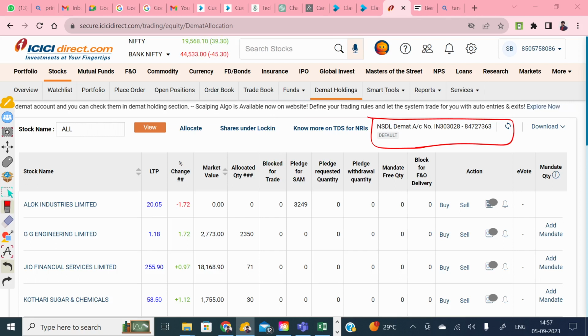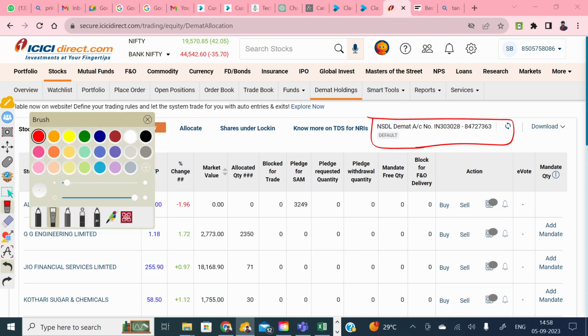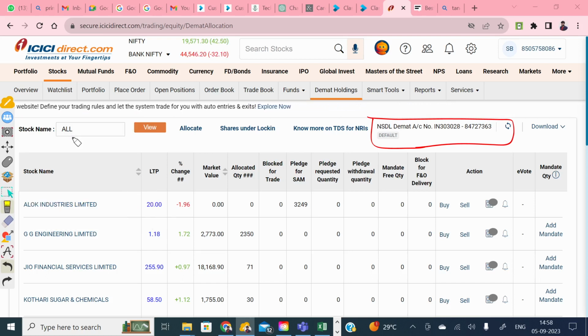In case of a position, the buyer is only paying a small amount, let's say 10%, 20%, and holding the rights of such securities. When you are paying margin, the broker is paying the remaining amount. If I take the example, as I said, if you want to buy Wipro, you are paying only 20 rupees, and the broker is paying, let's say, 80.